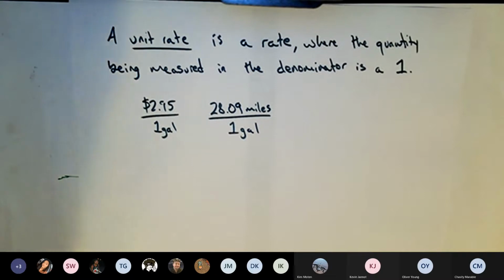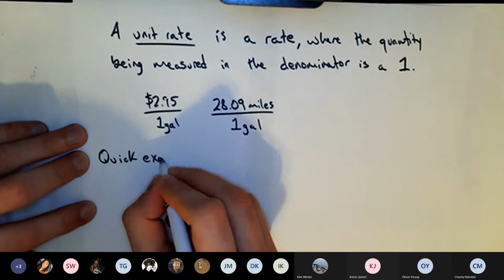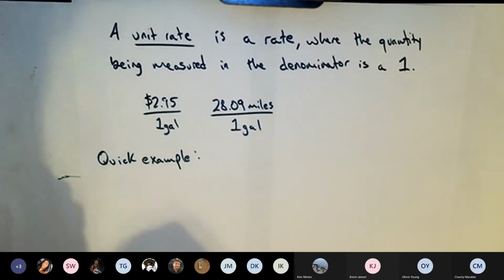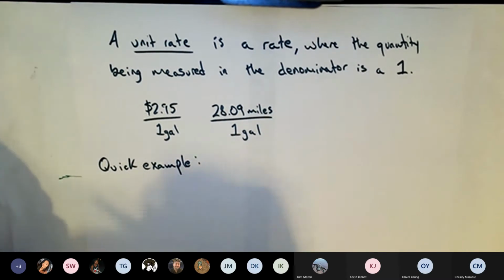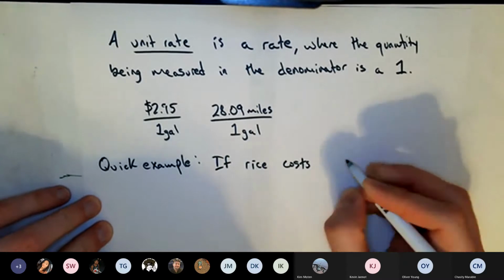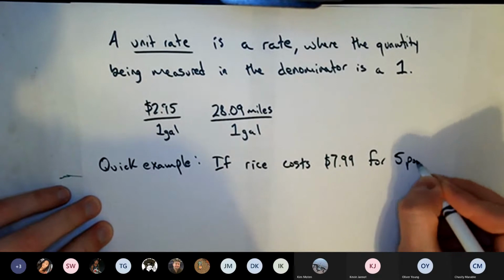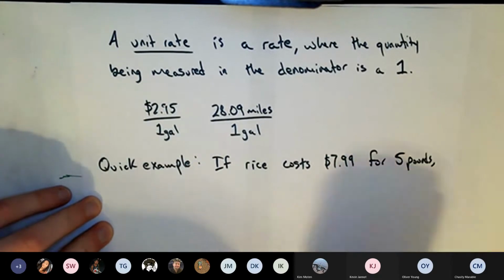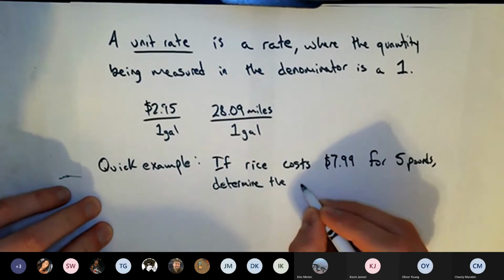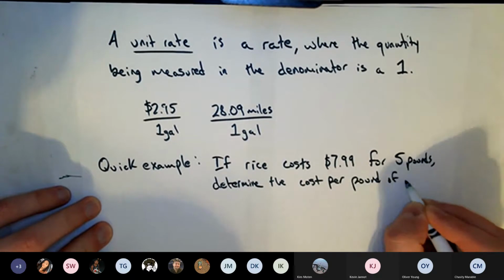Let's do another example. I'm just going to call this a quick example just to send this definition home, right? If rice costs $7.99 for 5 pounds, determine the cost per pound of rice.